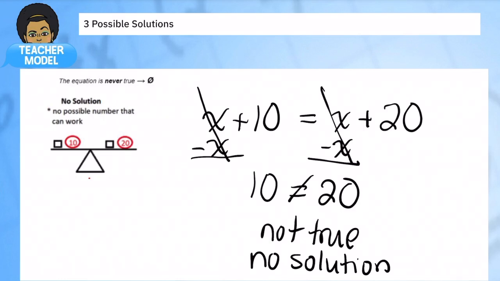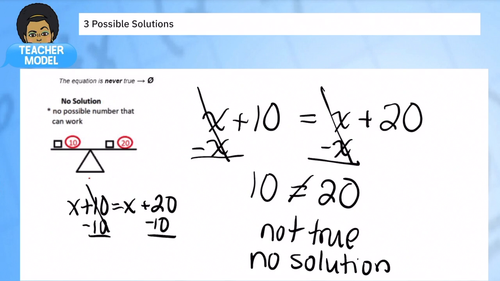Now, what if you said, well, miss, what if I moved my numbers instead? Okay, let's try it. X plus 10 is equal to x plus 20. If you subtracted 10 from both sides, x is equal to x plus 10. Okay, now what happens? Look at this.